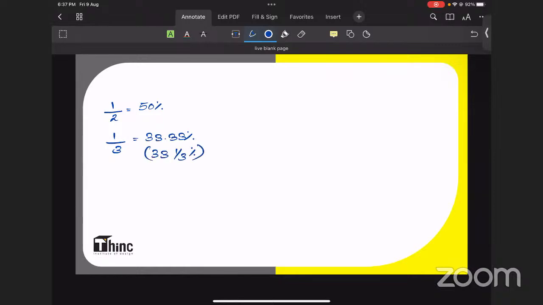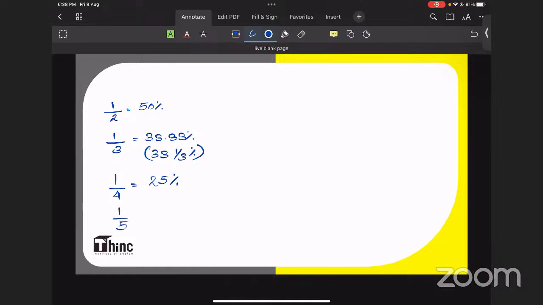How? 1/3 of the earth is land and 2/3 of the earth is water. While learning that, we come across this number, 33.33. Next is 1 by 4. 1 by 4 is 25%.